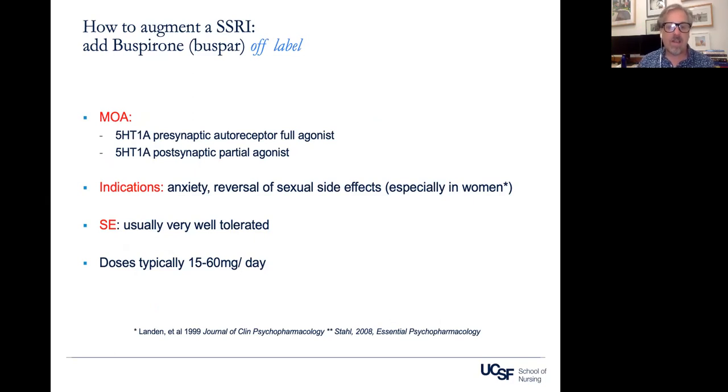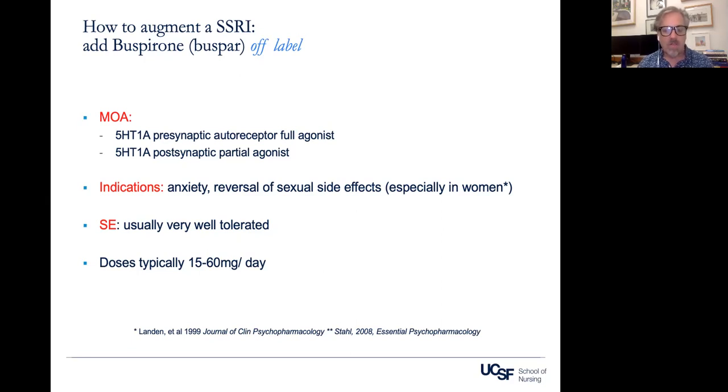Its labeled use is for anxiety, but it was used in STAR-D, and it was very well tolerated. It wasn't terribly effective, but it does have some utility in some people. And there is also some off-label use of this as a reversal agent for sexual dysfunction caused by SSRIs. And it appears in that case to work better in women than it does in men, for whatever reason.